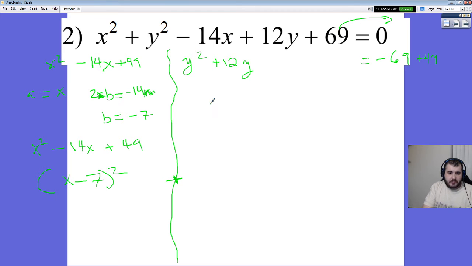And then we're going to do the same thing with our y. So we've got y is going to be your a. And hopefully you're starting to see the pattern. 6 is going to be your b. So 36 is going to be your b squared.